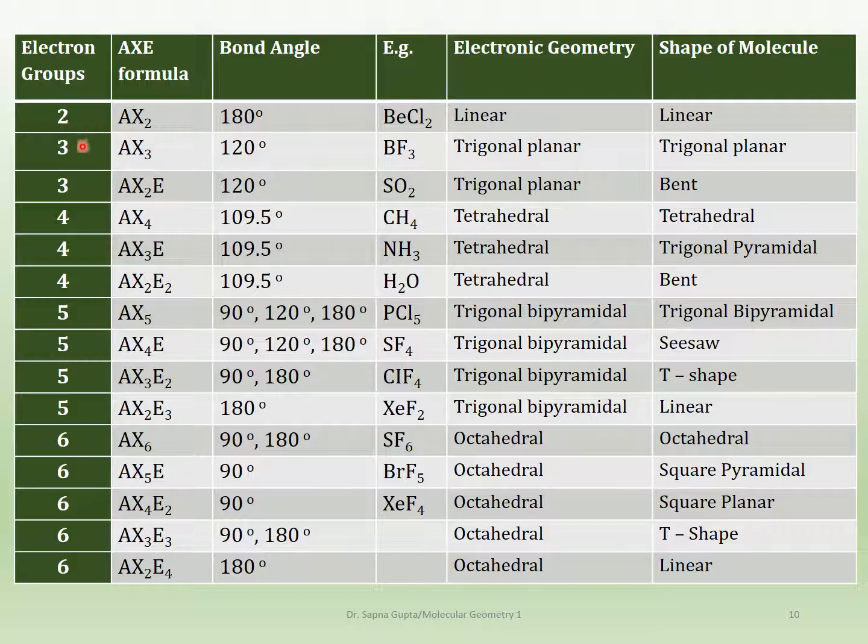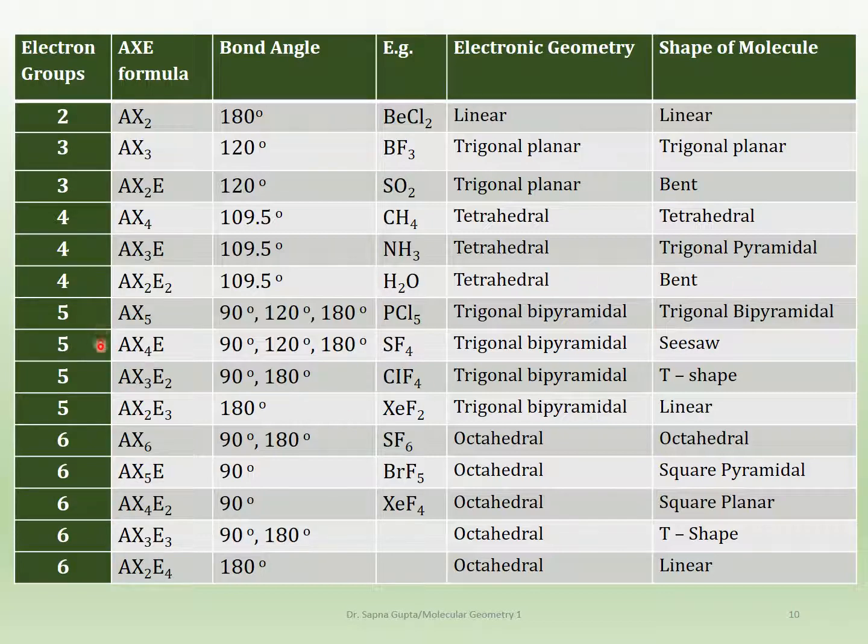Now, the bond angles for three electron groups are going to be the same because the electron geometry is trigonal planar. And the same thing goes for four electron groups, where these are the three AX formulas possible. Again, since the electron geometry is tetrahedral, you will have only one type of bond angle, or the bond angle that goes with tetrahedral geometry. These are the three examples possible, and then these are the three shapes possible when you have a tetrahedral electron geometry.